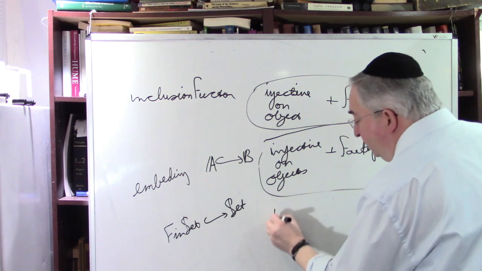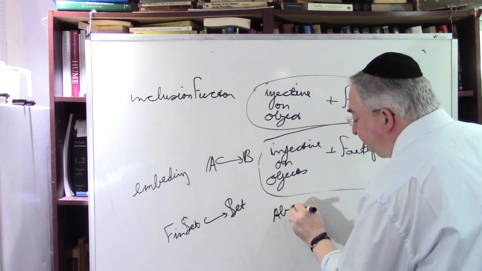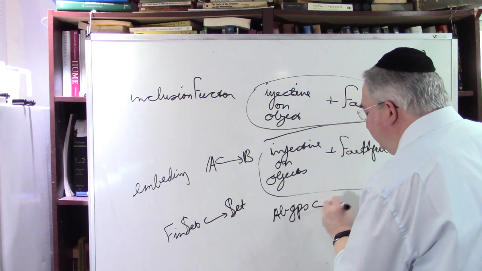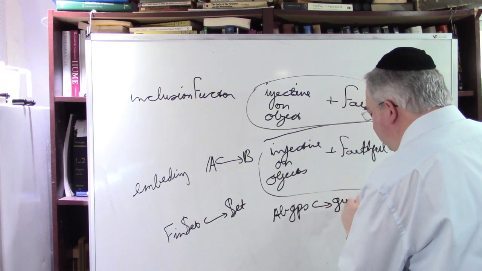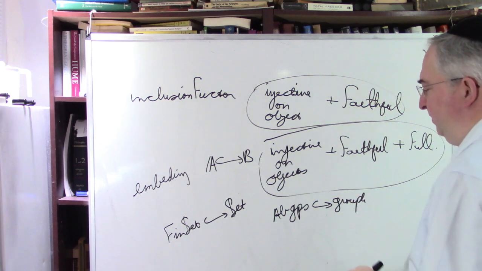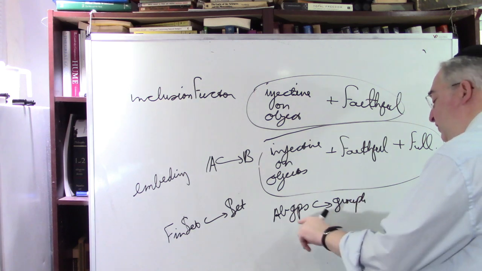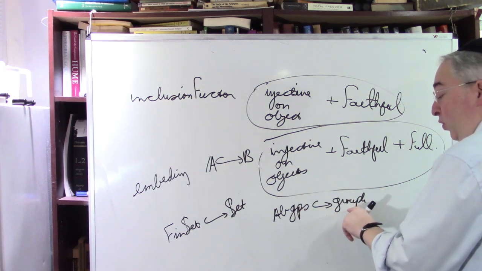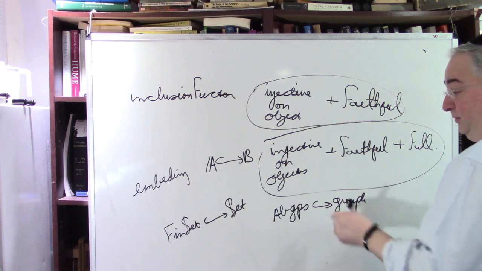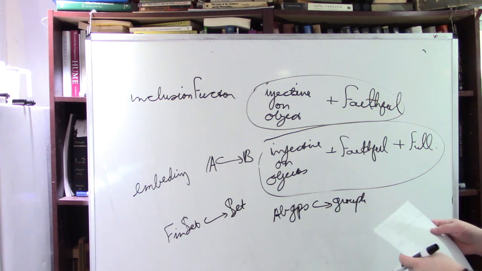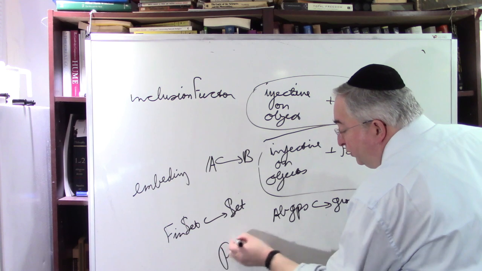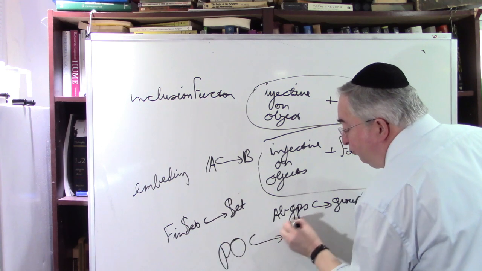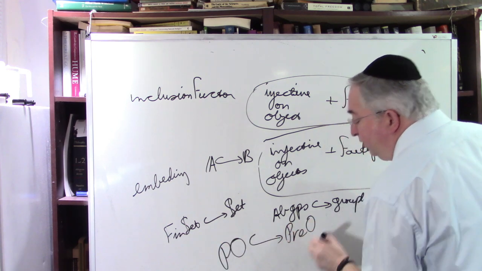Abelian groups embed into groups. Sorry, I left out the capitals, but it doesn't matter. Why? Because the homomorphisms are all group homomorphisms. Partial orders embed into pre-orders. Why?